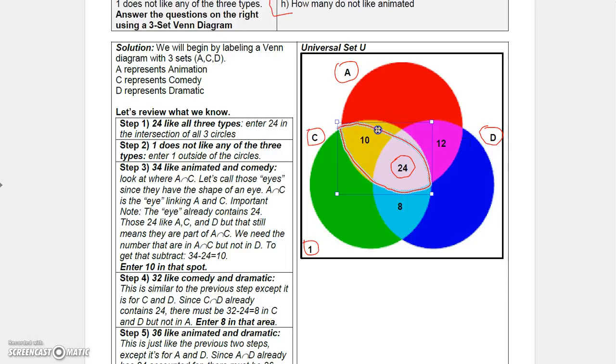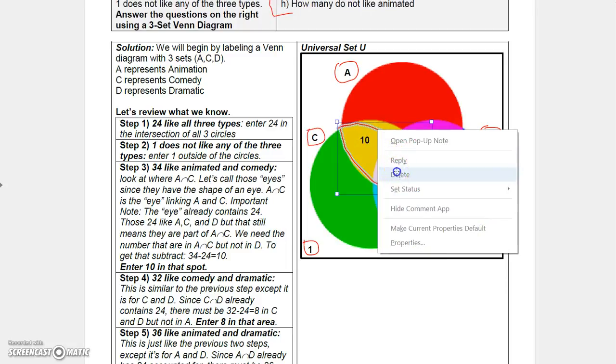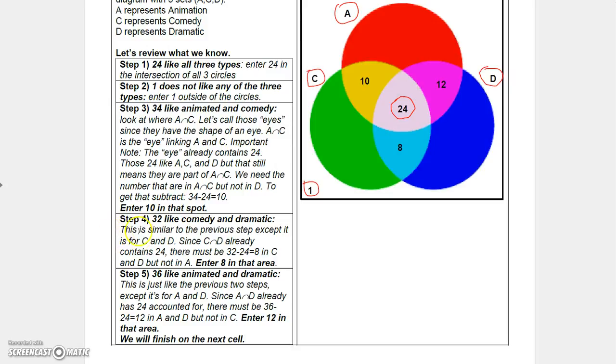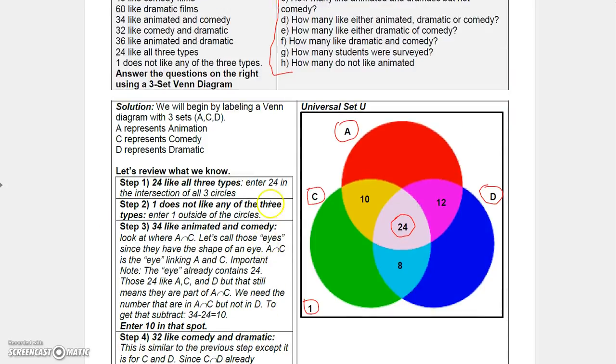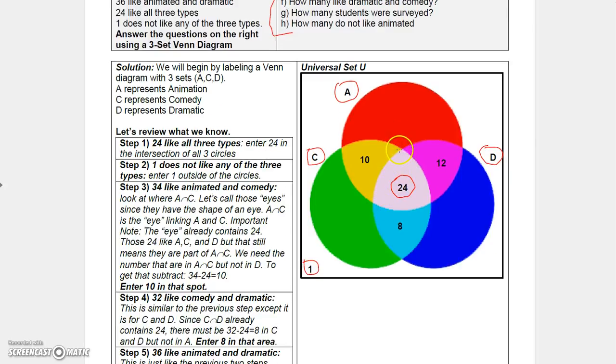And then we can do the same thing for where it says 32 like comedy and drama. So comedy and drama would be this little slit down here, and that has to add up to 32. So if I've already got 24 accounted for, then I need 8 here so that it would add up to 32.